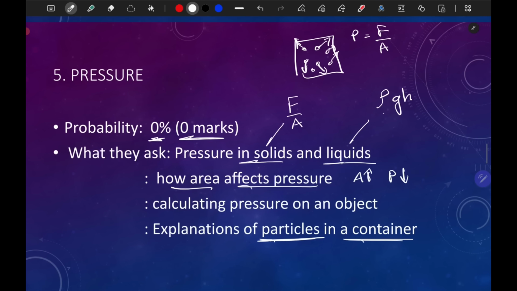And also make sure to mention momentum. When these particles exert force on the wall of the container in a specific amount of time, force is change in momentum over time. So they exert force, and that force exerted over an area gives us pressure.